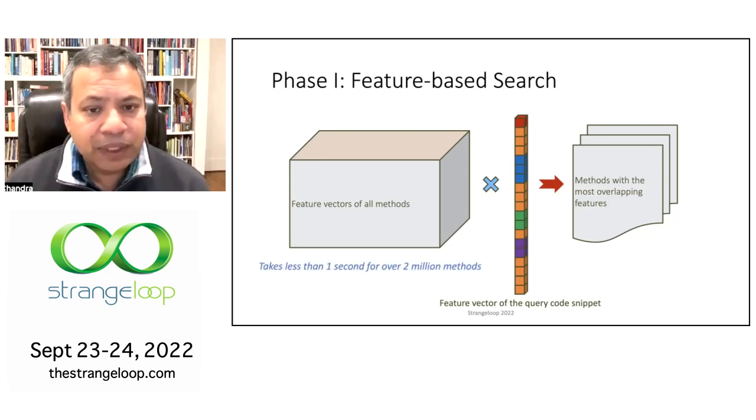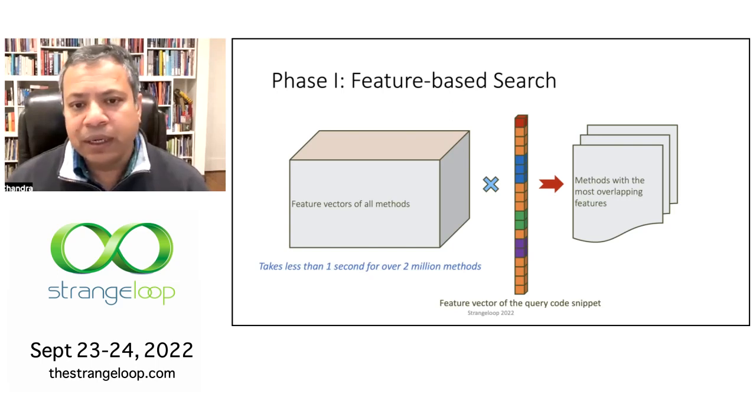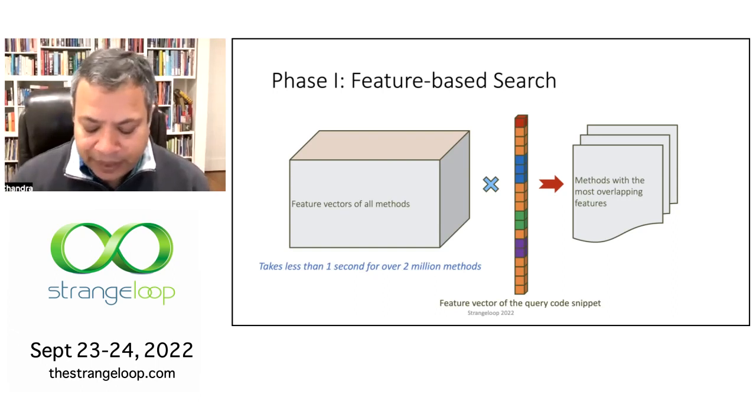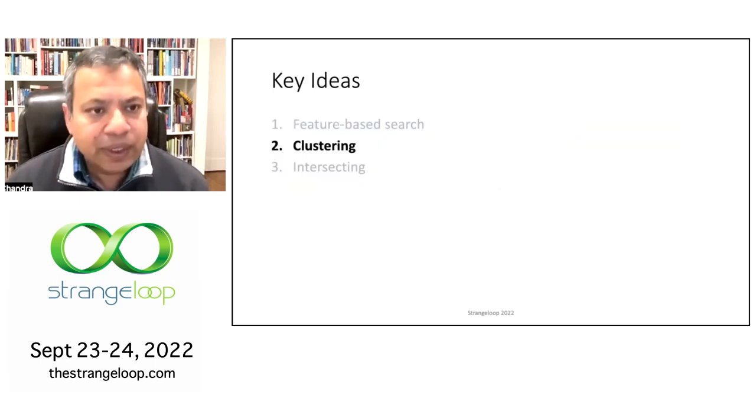And it turns out that we can do this really, really fast. It takes less than a second for over 2 million methods. And so the output of this is, let's say, 50 to 100 methods that seem to be pretty close in terms of features to the code snippet that we started with. Okay, so we now have a candidate list and we still need to compute recommendations.